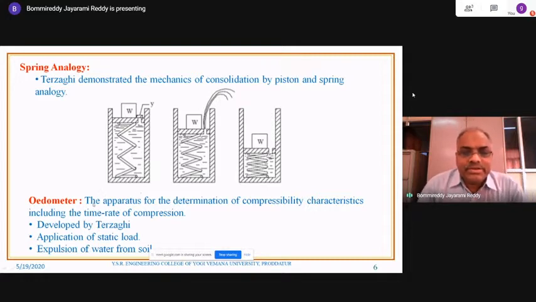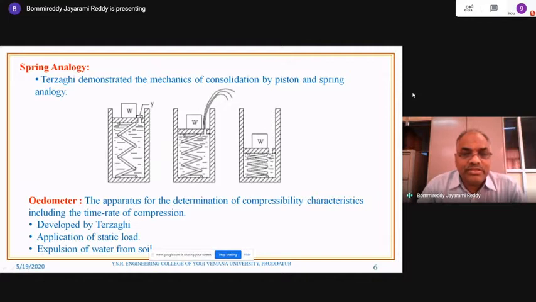And we can compare the entire consolidation process by means of the spring analogy. Terzaghi demonstrated the mechanics of consolidation by means of a piston and spring arrangement. You can look at the first diagram. This is the piston and spring arrangement.